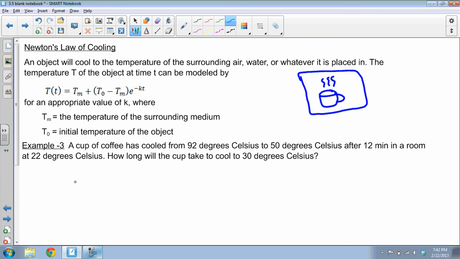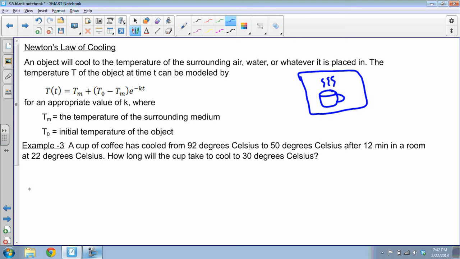By the way, I put example -3 because I feel like this has gone on so long that we've actually gone around in time to negative numbers. Anyway, a cup of coffee has cooled from 92 degrees Celsius to 50 degrees Celsius after 12 minutes in a room at 22 degrees Celsius. How long will the cup take to cool to 30 degrees Celsius?